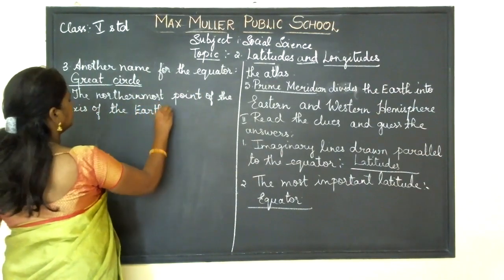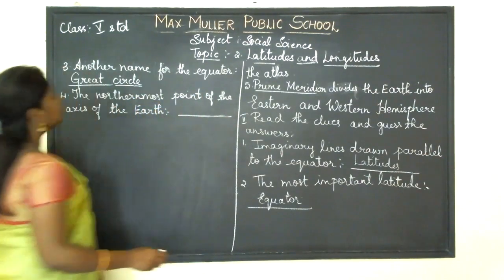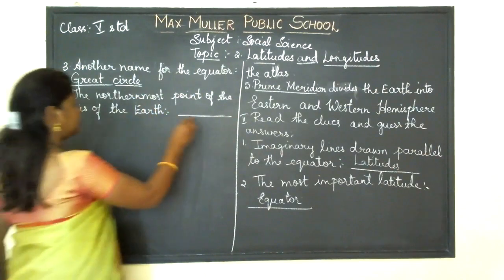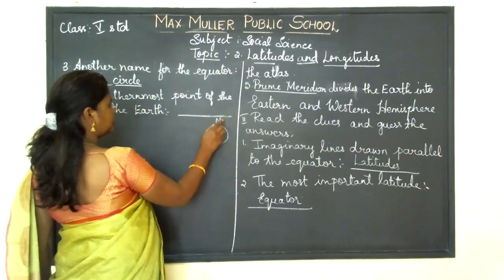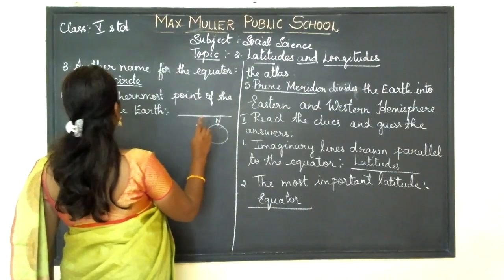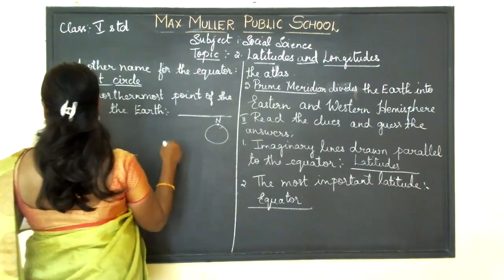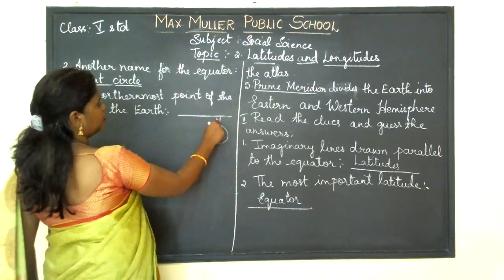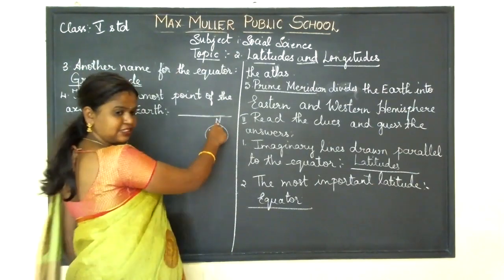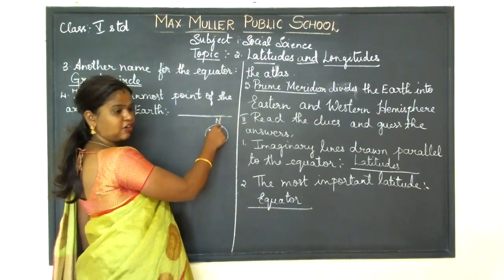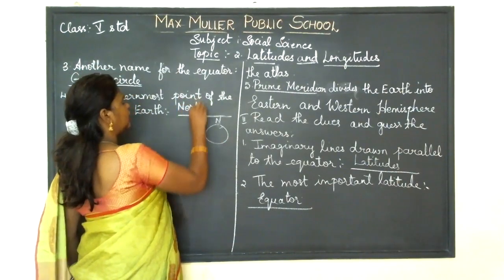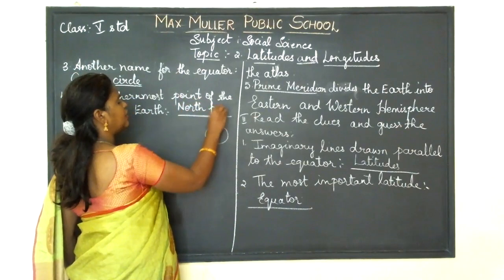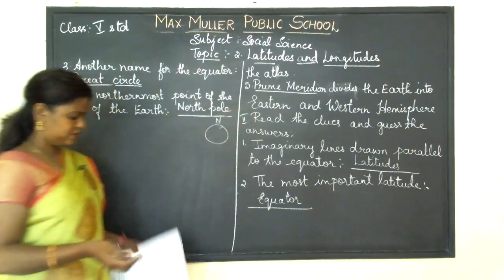Just understand the question. The northernmost point of the axis of the earth is in which direction? It is in the north. So the answer will be the North Pole.